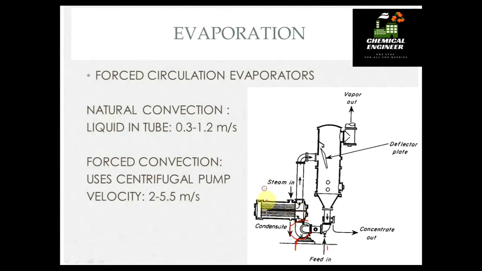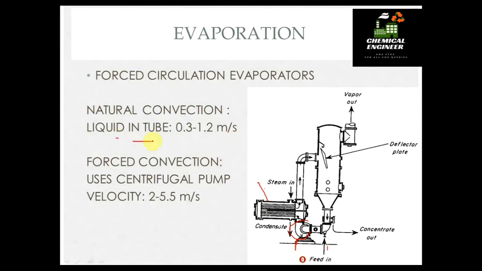Then we have the heat exchanger. This is actually a two shell, two tube type heat exchanger, as shown in the schematic. Steam is generally used to heat this feed, and then the feed is passed to the evaporator section. So the only difference is this centrifugal pump.